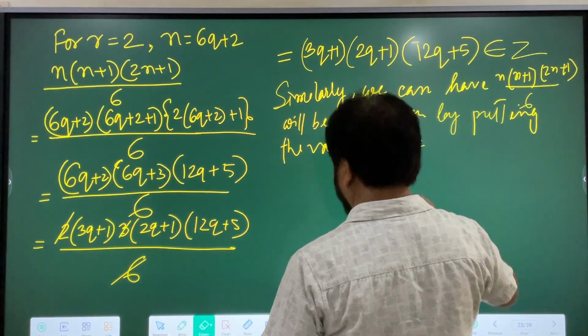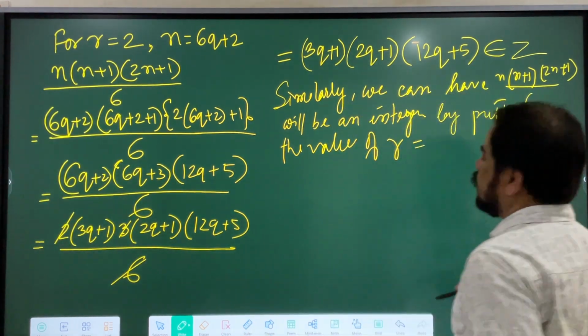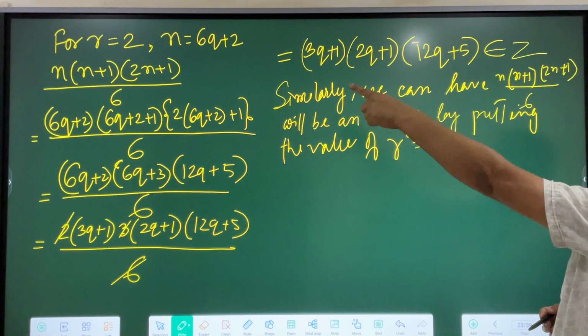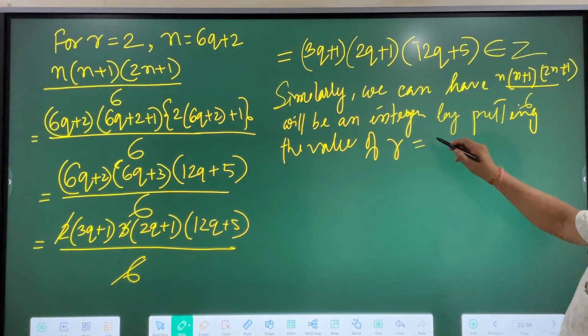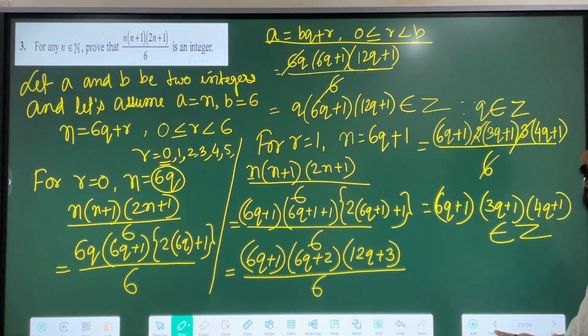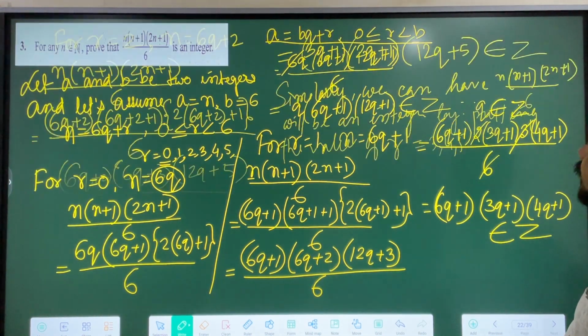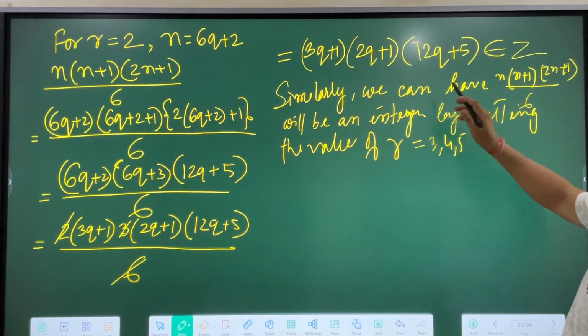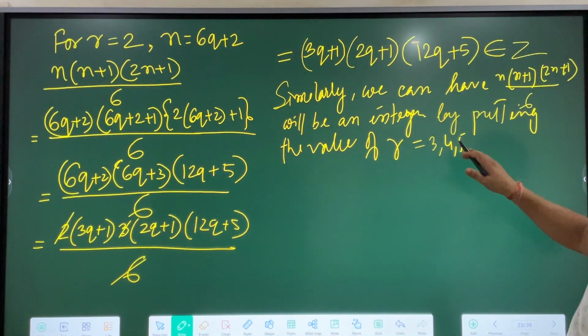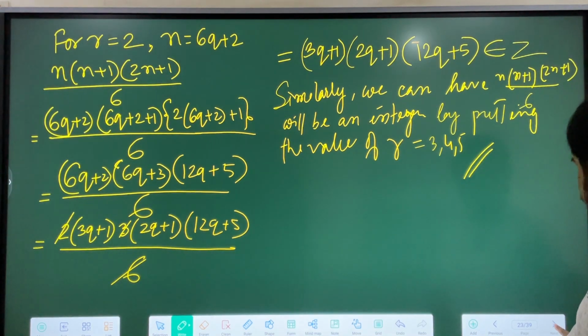We have done r equals 0, 1 and 2, so the calculation is done. So 3, 4, 5 remain. Similarly, we can show this is an integer by putting the value of r as 3, 4, 5. That's all.